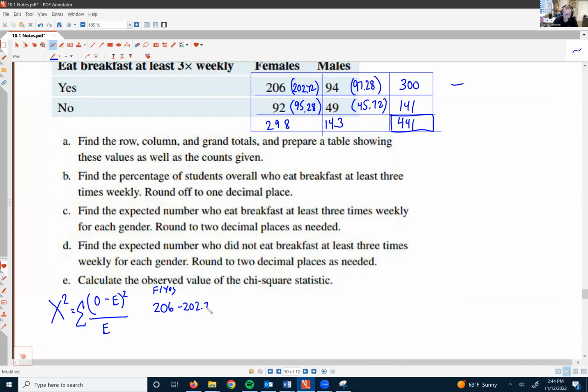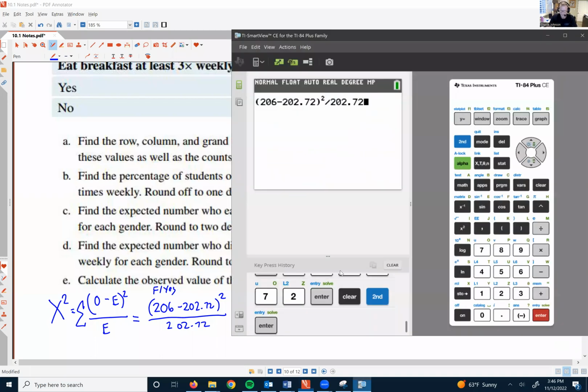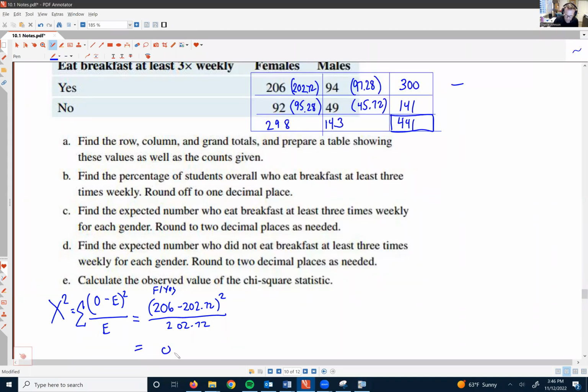Expected is 202.72. And we're going to square that number and then divide that by 202.72. And putting that in the calculator, we would get a contribution of 0.0531 to the chi-square test statistic.